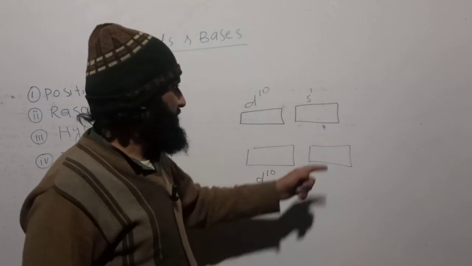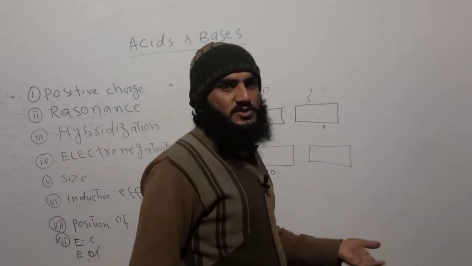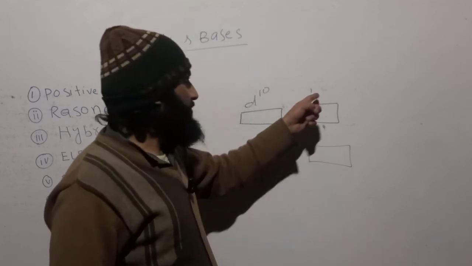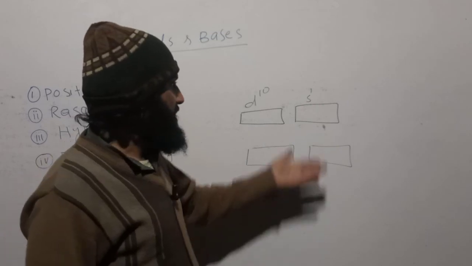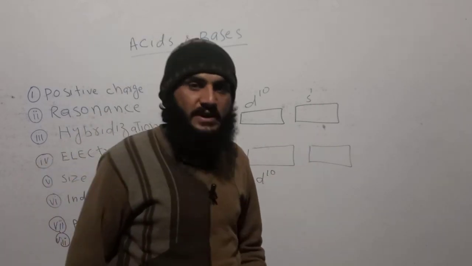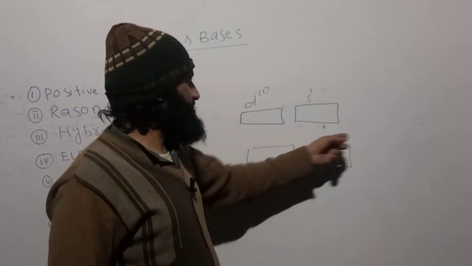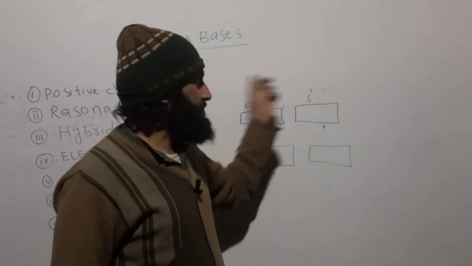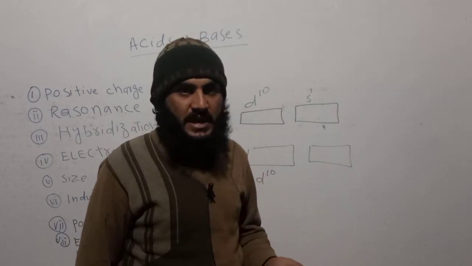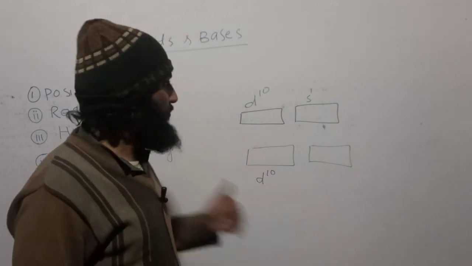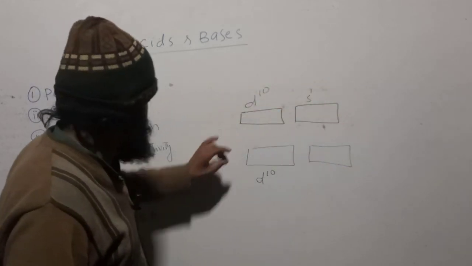In such a situation it is an empty, and an empty orbital is also stable, so if it gains another electron, its stability increases. It means electronic configuration also affects the acidity. So a species having such an electronic configuration will have affinity for electrons, love for electrons, so such a species will be acidic as compared to that.